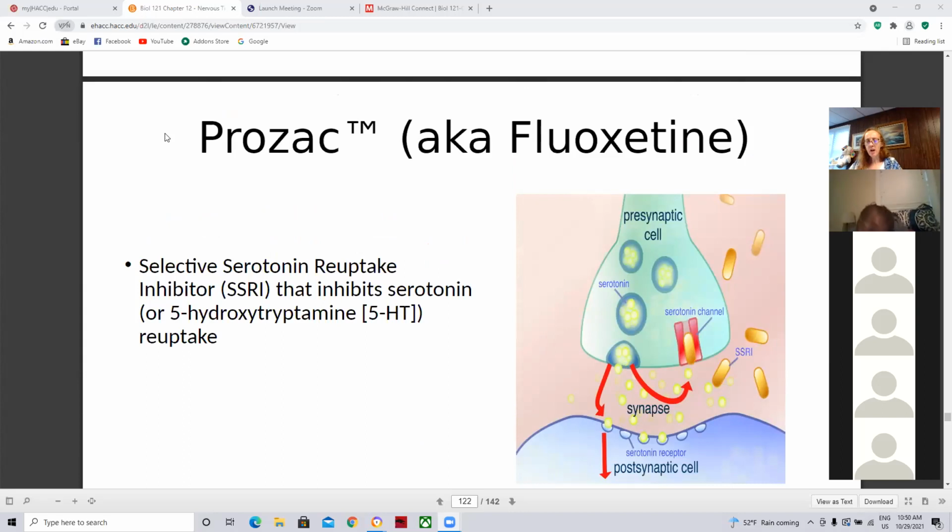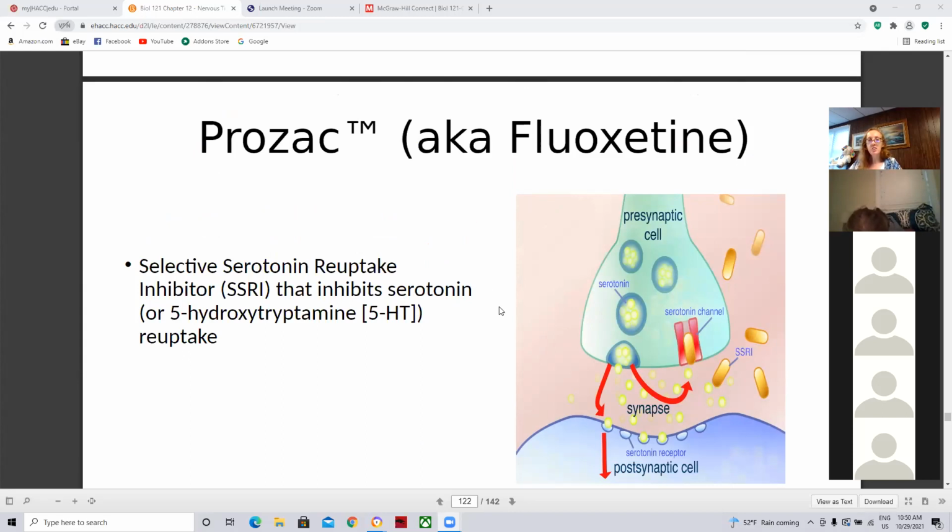So we hinted at the fact that there are lots of drugs that work on neurotransmitters and their effects. One drug that lots of people are on because it's an antidepressant and anti-anxiety medication is Prozac, also called fluoxetine.